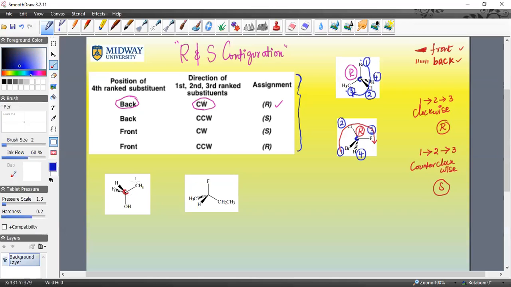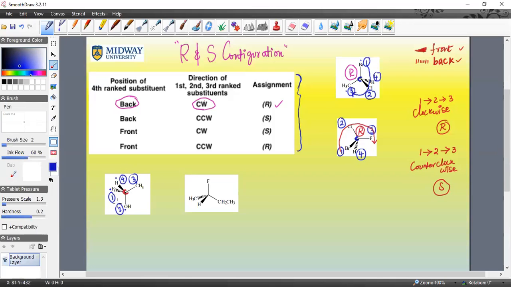It's this carbon right here, this hydrogen right here, this fluorine, and then this oxygen. We assign priority based on the element that's immediately attached. First you got to spot them, then you go to the periodic table, and you'll see that fluorine's number 1, this is number 2, this is number 3, and this is number 4.